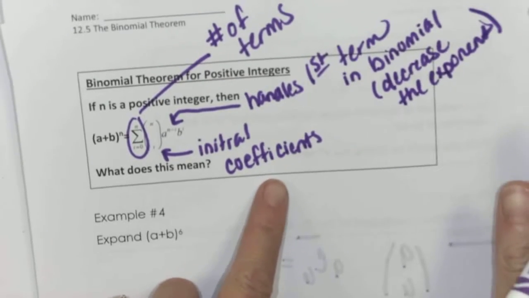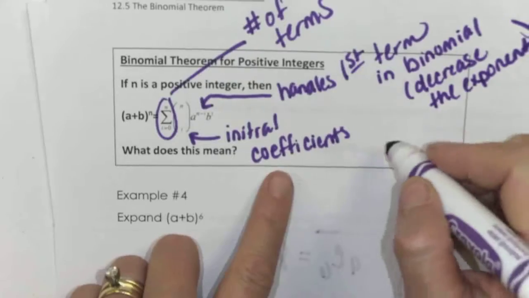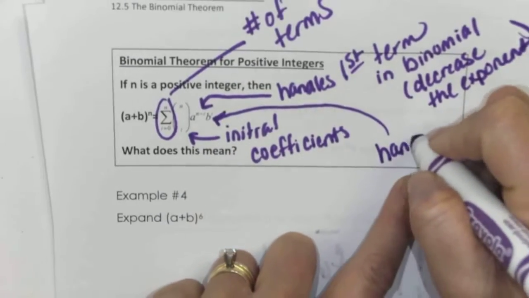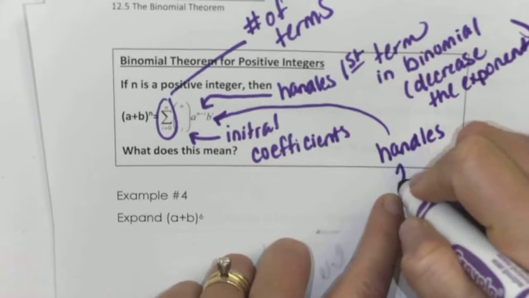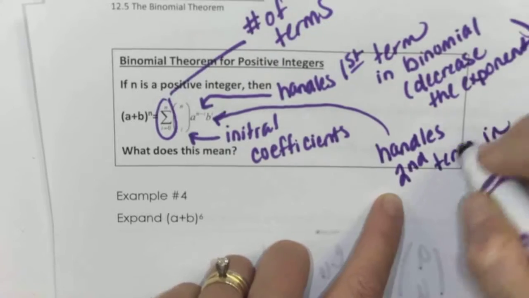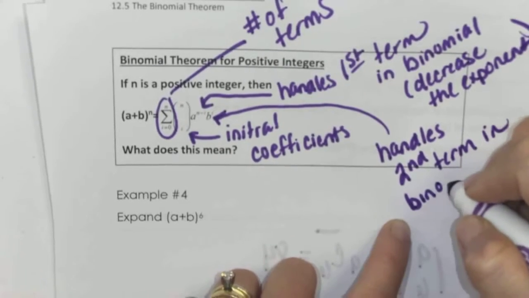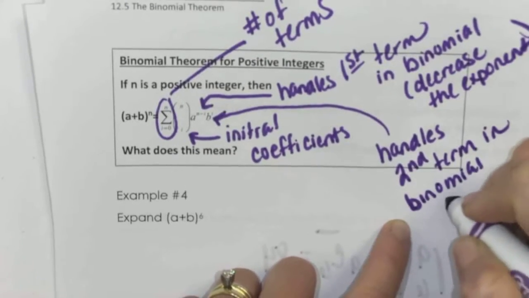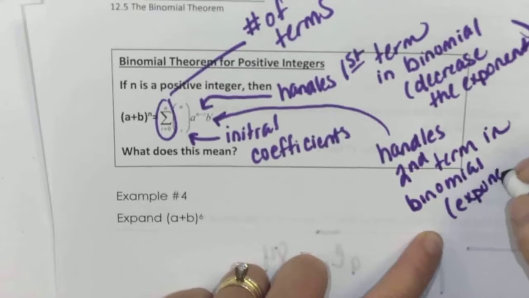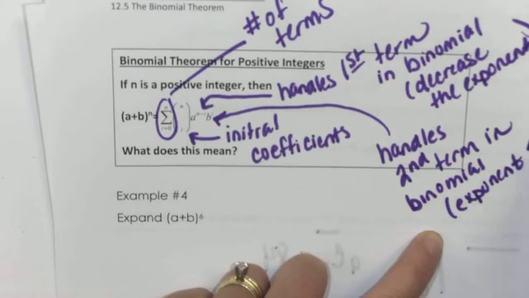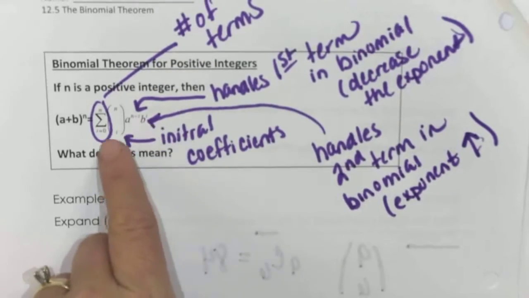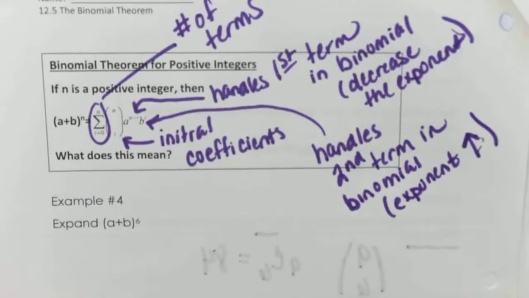And then the other part right there, the B, handles the 2nd term in the binomial. And you can see that the exponent will increase, or slide up, because it has an I, and I will go up and up and up.